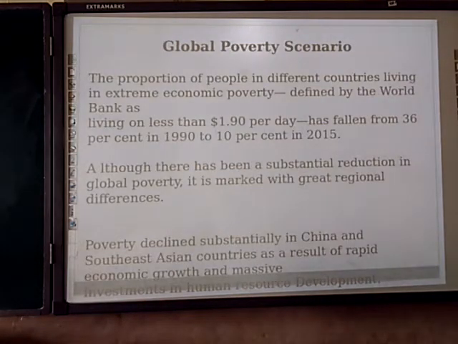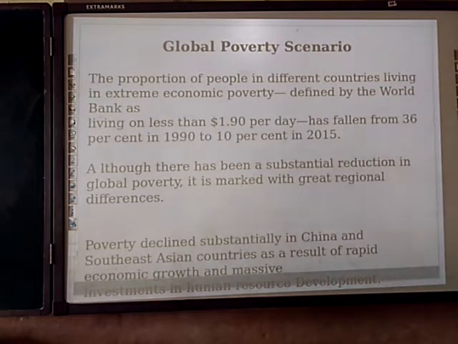First, global poverty scenario. The proportion of people in different countries living in extreme economic poverty, defined by the World Bank as living on less than $1.90 per day, has fallen from 36% in 1990 to 10% in 2015.